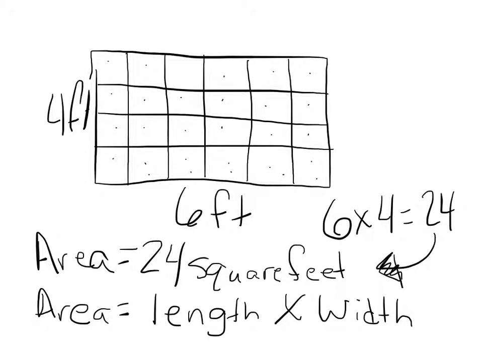Multiply the length times the width. Okay, we are going to get into some more sophisticated shapes today and later in the week. So, use this to help you with rectangles, area of rectangles.